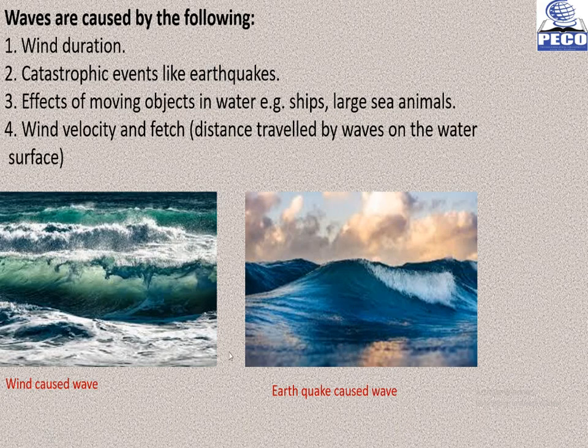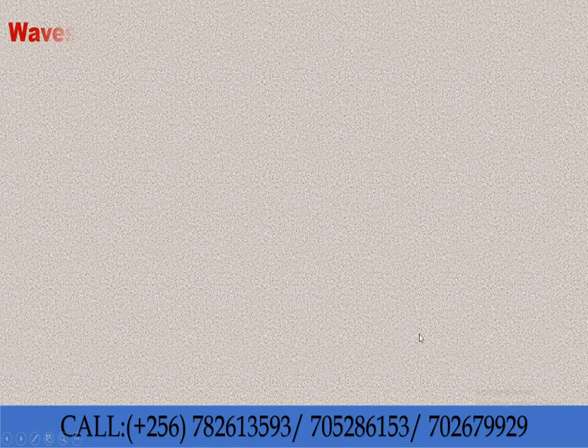And you see that these two, the earthquake caused waves are much higher and more violent than the wind caused waves. These are a little gentle and lower. These are violent and higher because they are caused by the earthquakes.